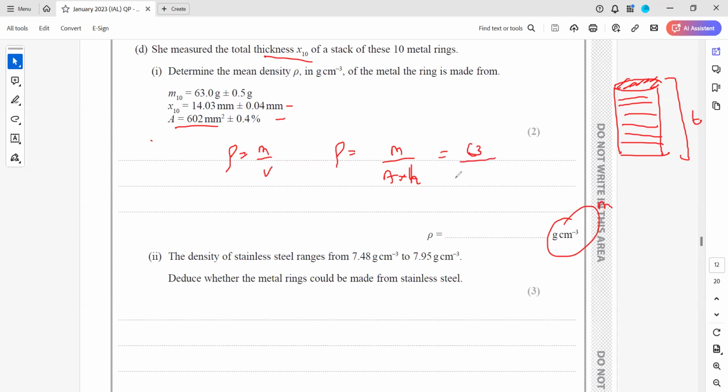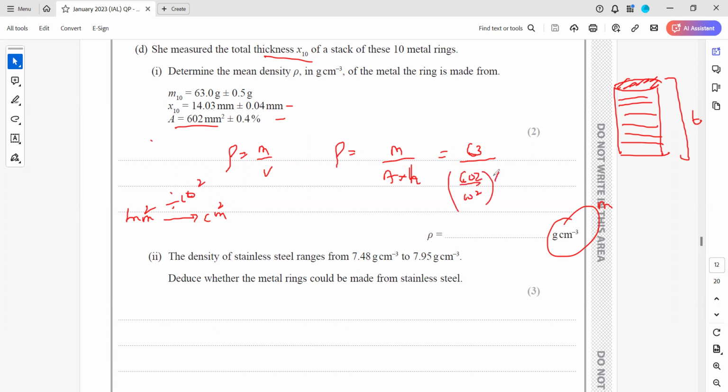Area is in millimeter square. Look, if you want to convert millimeter into meter, you divide by 1000. But here we want to convert to centimeter, because the final unit is centimeter. So millimeter to centimeter, you divide by 10. But millimeter square to centimeter square, you divide by 10 square. So area will be 602 divided by 10 square.